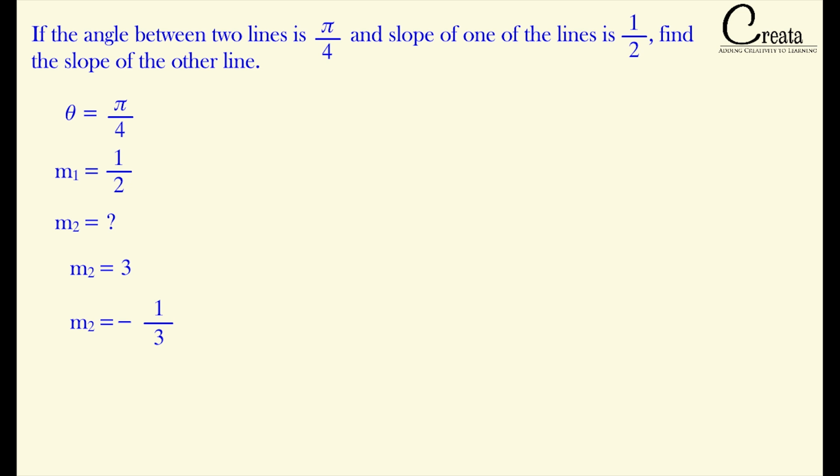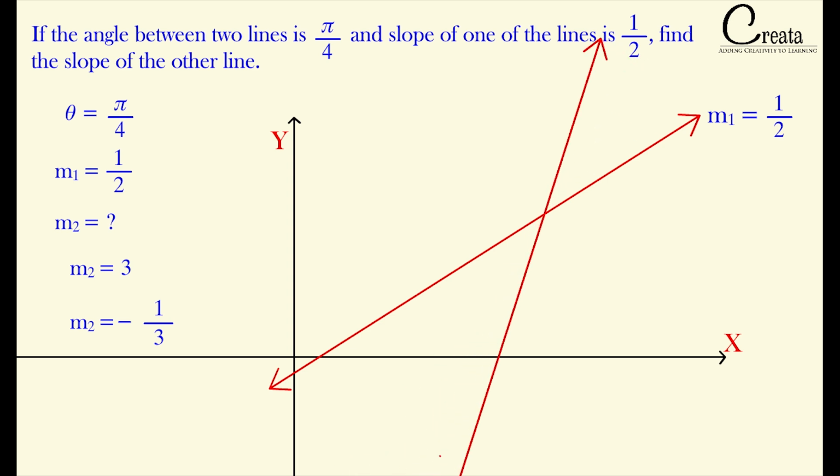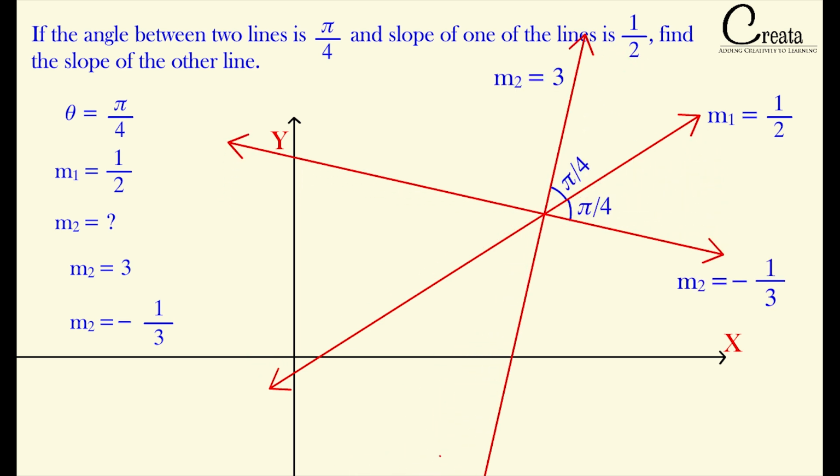For that we have to take our coordinate system and observe the question again. Here this question is talking about a line whose slope is 1 by 2. And we have to find the second line which makes an angle of pi by 4 or 45 degree with this line. So as per this answer, two lines are possible: the first line with the slope of 3 and the second line with the slope of -1 by 3.